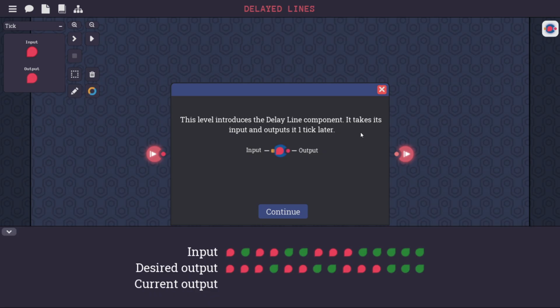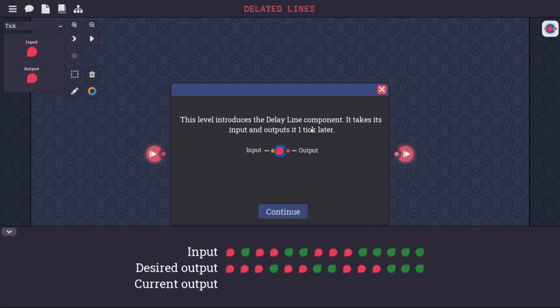And the component that we're talking about today, which is a delay line, is able to, if I input green right now, it's not going to output a green immediately, but only on the next cycle, the next tick or the next change.